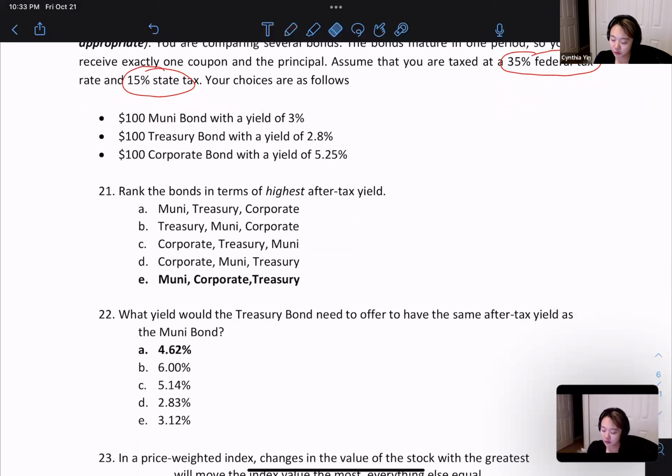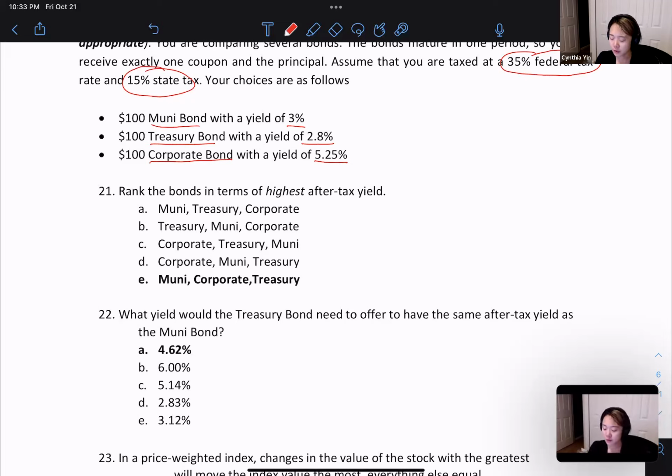You observe the muni bond has 3% yield, Treasury bond has 2.8% yield, and corporate bond has a yield of 5.25%. Question 21 asks you to rank the bonds in terms of the after-tax yield. This is related to what we just talked about earlier.